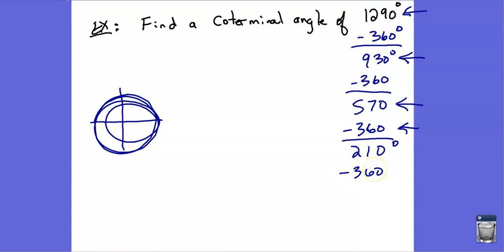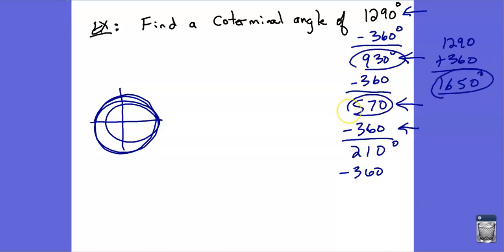Or at the very beginning, maybe instead of subtracting, I could have added 360. And so all of these are coterminal angles from 1290. They're all coterminal. They all end in the exact same spot as the original one.